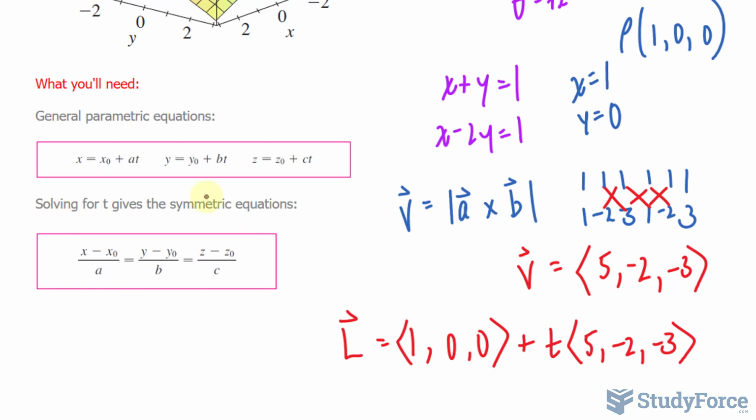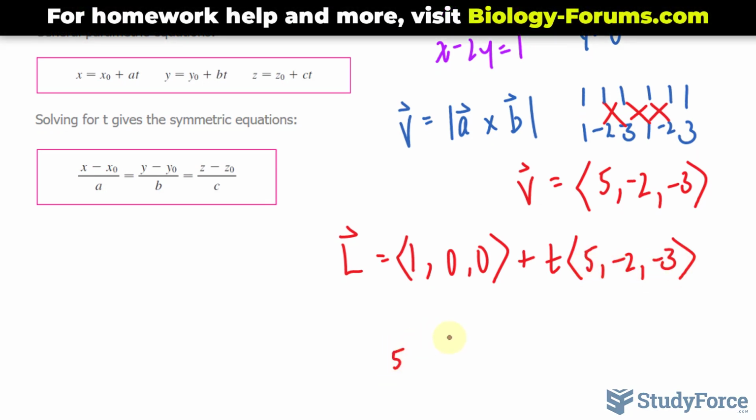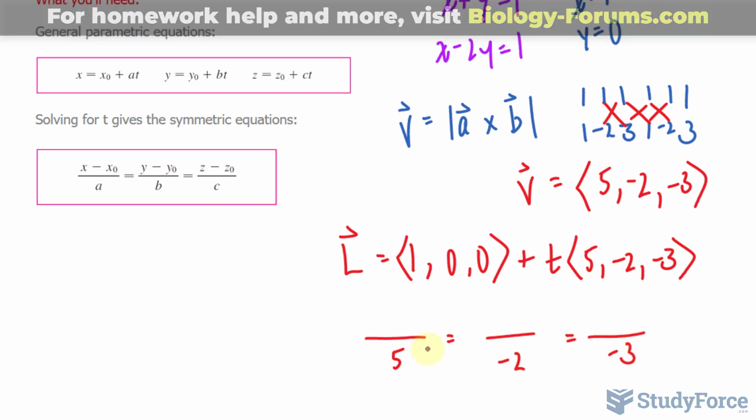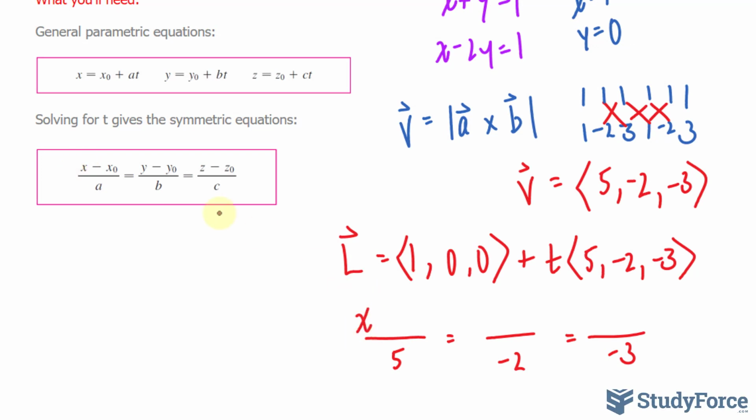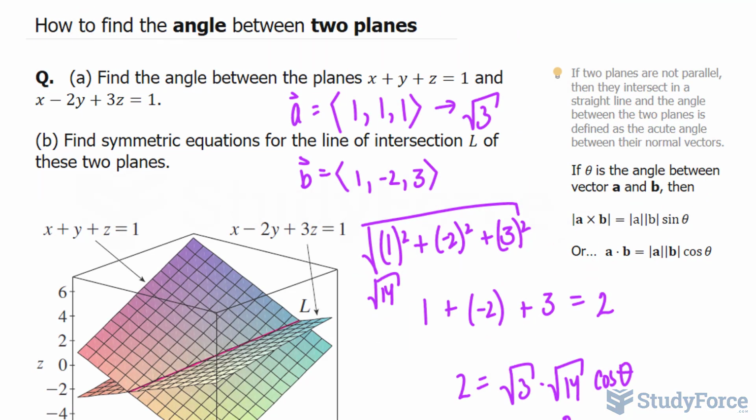Although you can just jump right into that. So A, B, and C represents 5, -2, and -3, so 5, -2, and -3 as the denominators. x - 1, y - 0, and z - 0. That's z. And there you have it. That is how to find the angle between two planes and their line of symmetry.